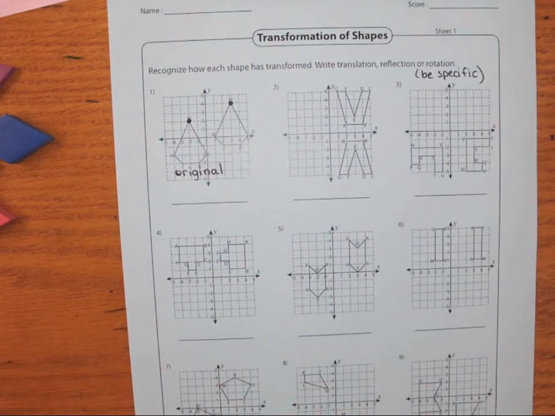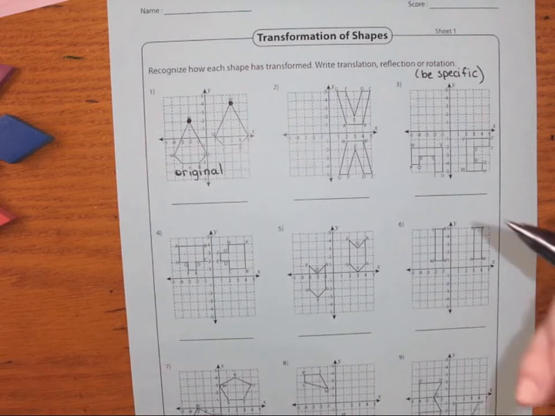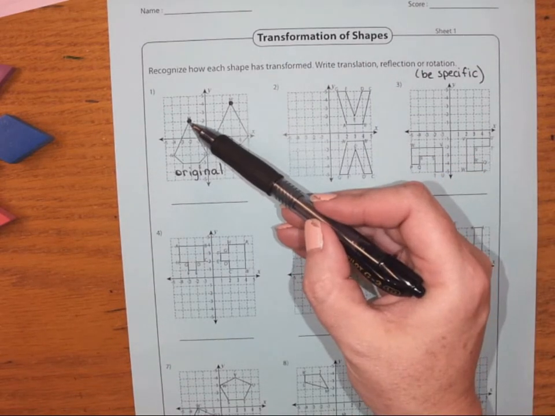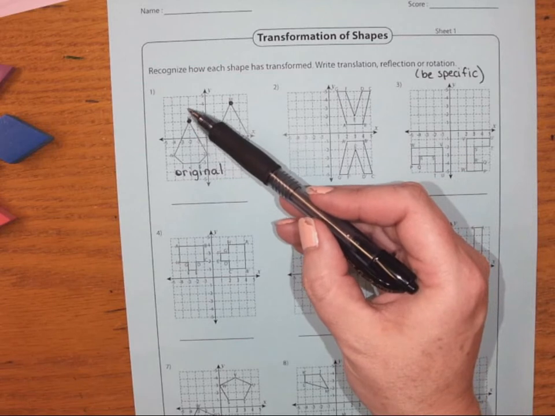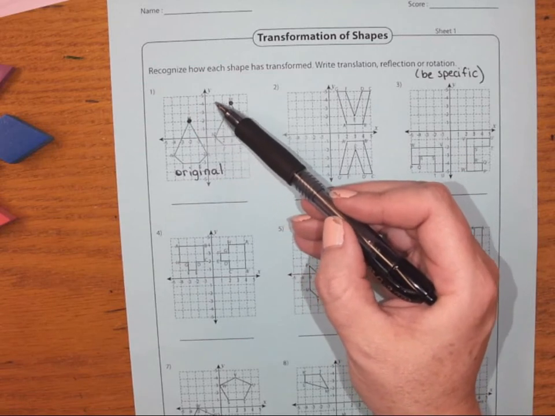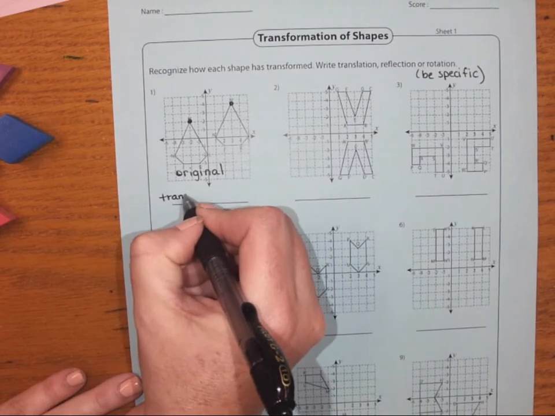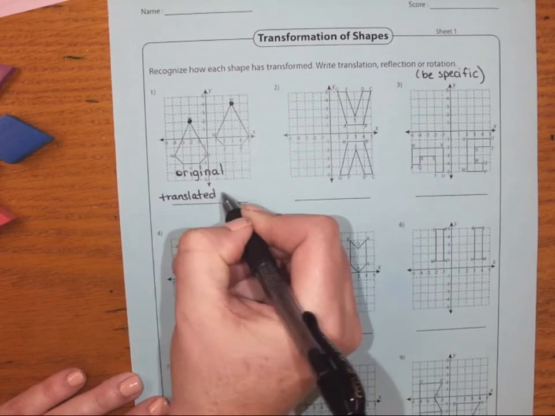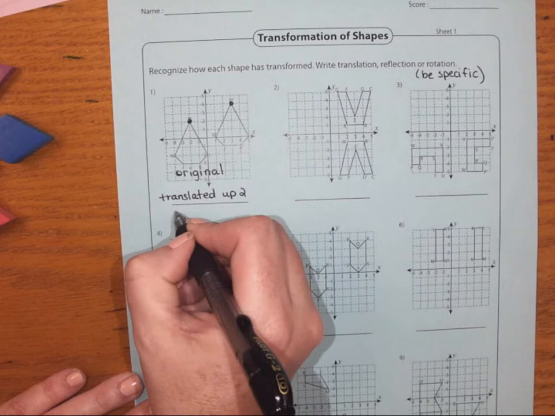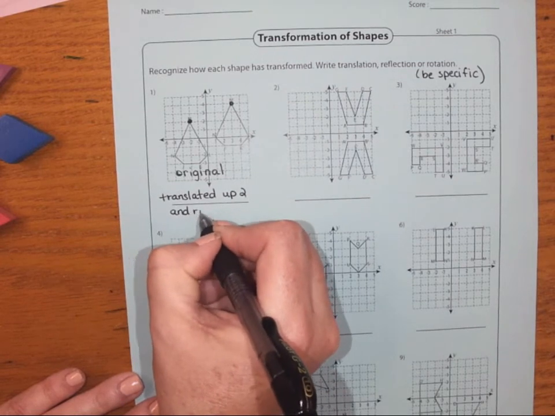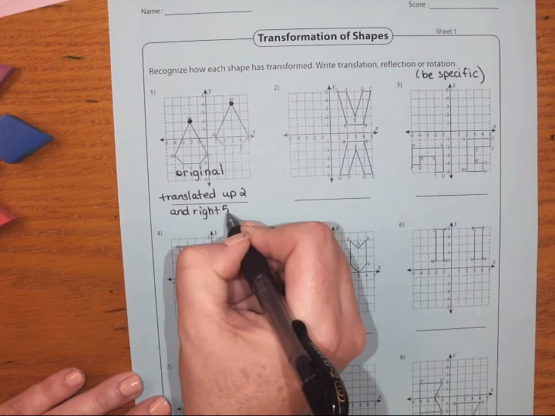I'm going to take the pinpoint of that little diamond shape figure. Notice here's my original, and I counted up 2 and over 1, 2, 3, 4, 5. So what I would want on this is that this has been translated up 2 and right 5 units.